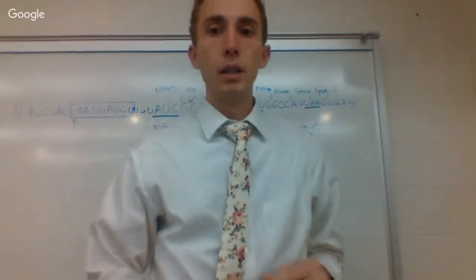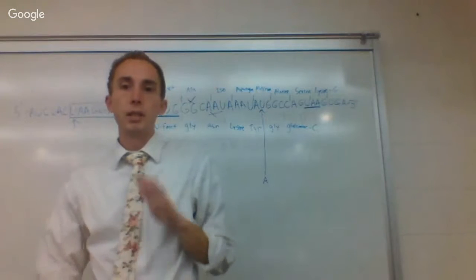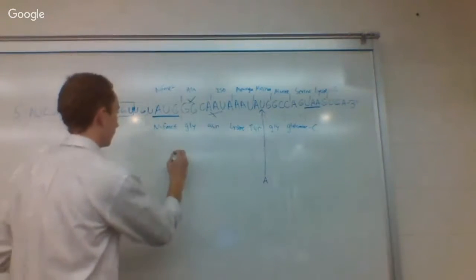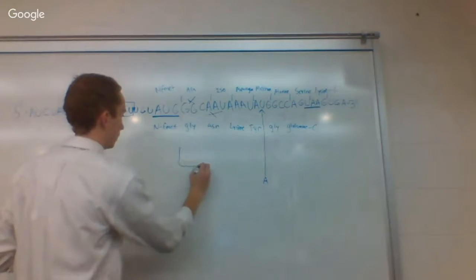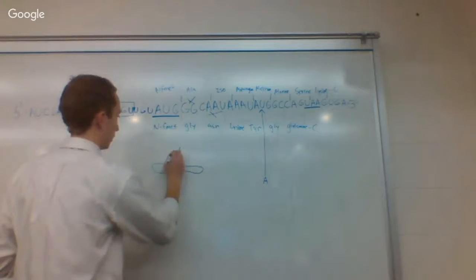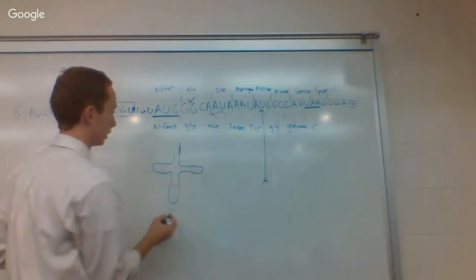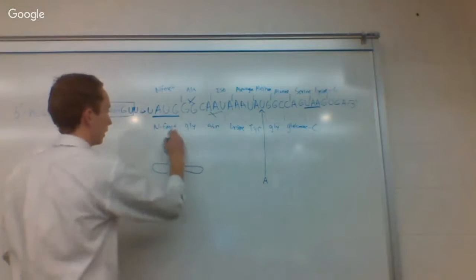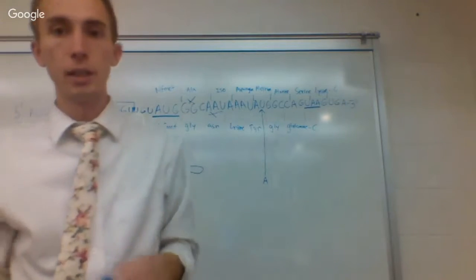Okay, 4. What is meant by the term a charged tRNA? So charged tRNA, you have your tRNA. It's kind of, this isn't a very good representation, but it's kind of like this. A charged tRNA will have the amino acid on it. And that's all that means.